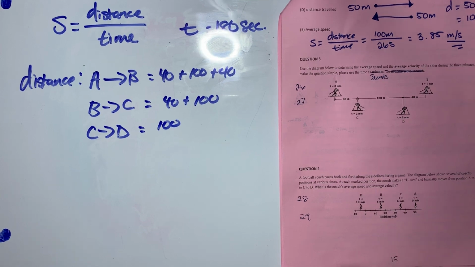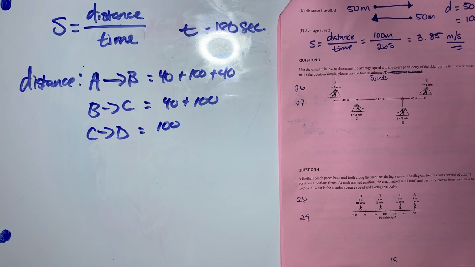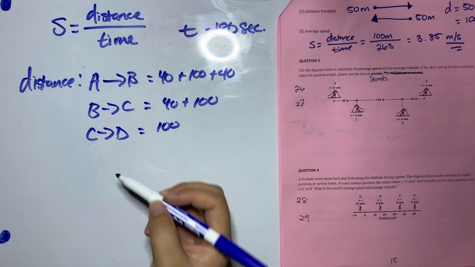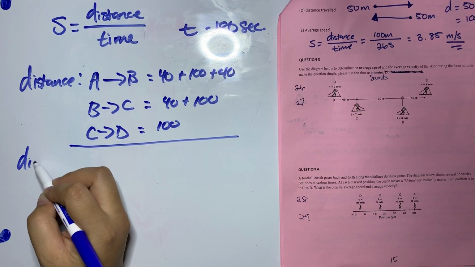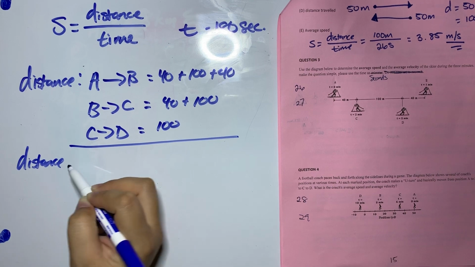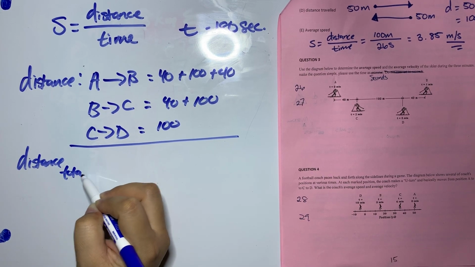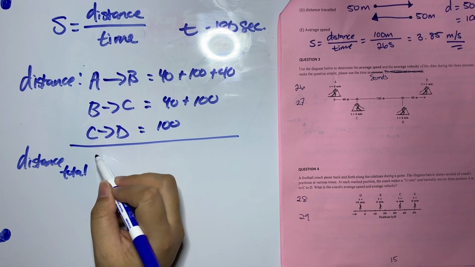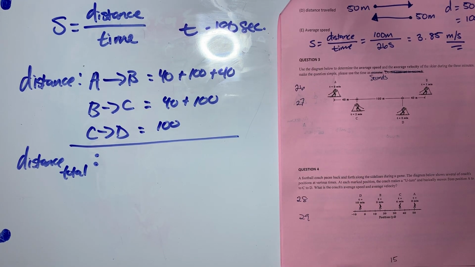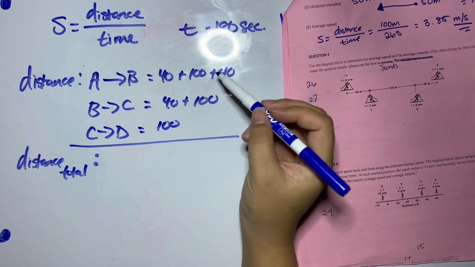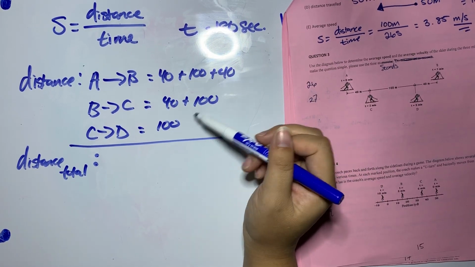So we said distance is how much ground you cover. So your total distance is going to be equal to all of these added together. So you have 1, 2, 3.